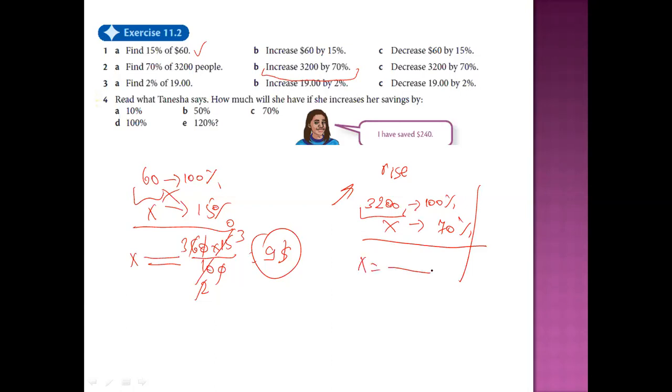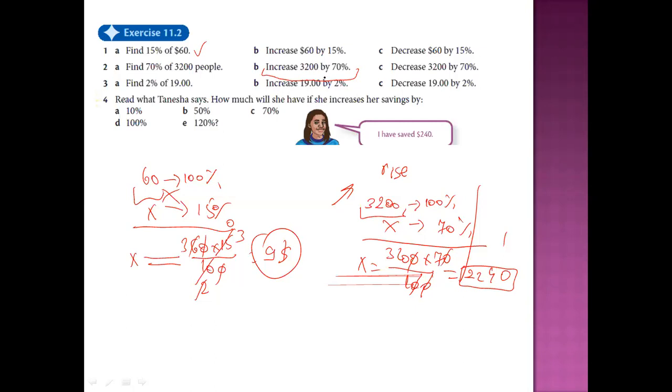X is equal to 3,200 times 70 divided by 100, the opposite of X. You can simplify the zeros, and the number is 320 times 7. 7 times 0 is 0. 7 times 2 is 14, and here 1. 7 times 3 is 21, and 22 is the 70% of 3,200.